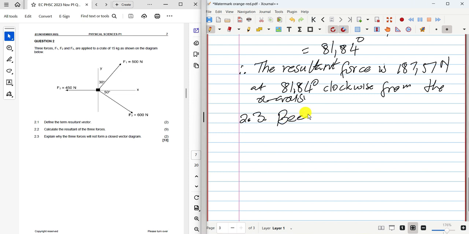Maybe let me just write it like this: it's not zero. As simple as that. If the resultant was 0 newtons, meaning they were in equilibrium, this is when they would form a closed vector diagram.